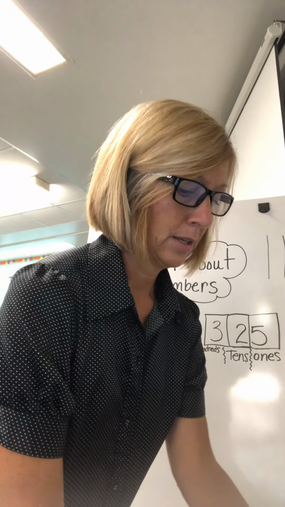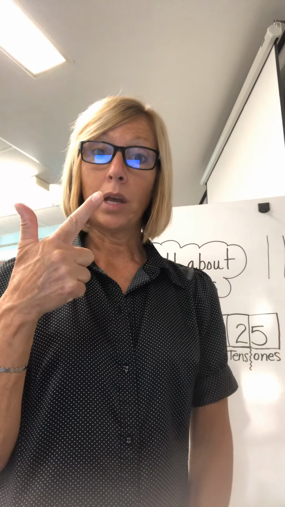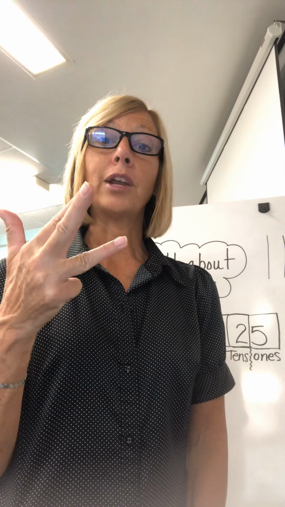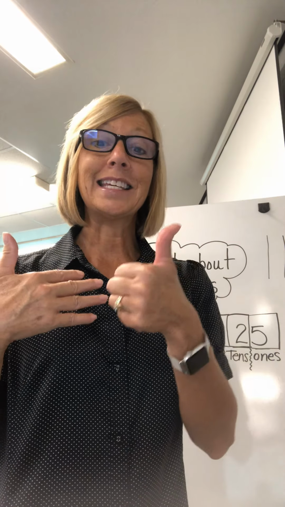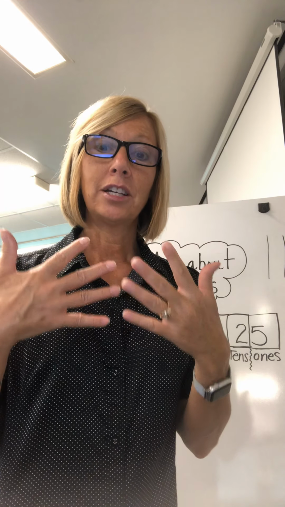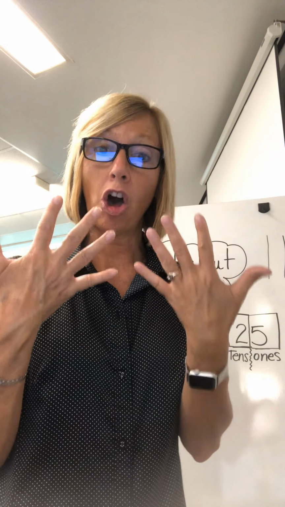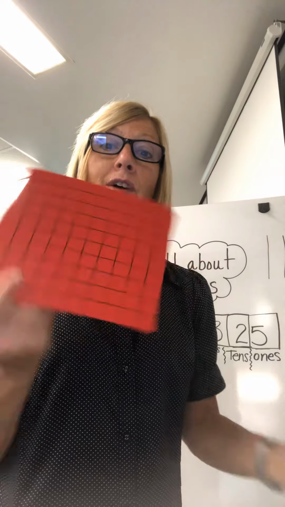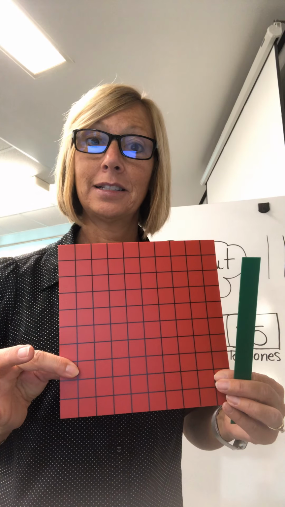So if we went over and filled each of these in with a long, we'd have to count by tens. So let's do that. So we would have 10, 20, 30, 40, 50, 60, 70, 80, 90, 100. You would have 10 longs that would fit on this flat.